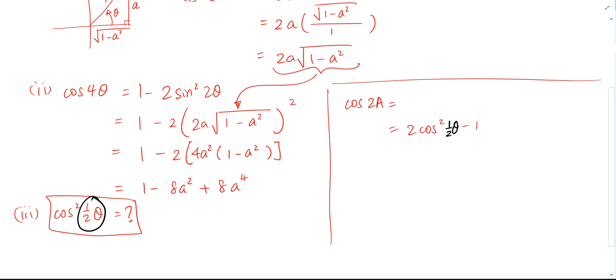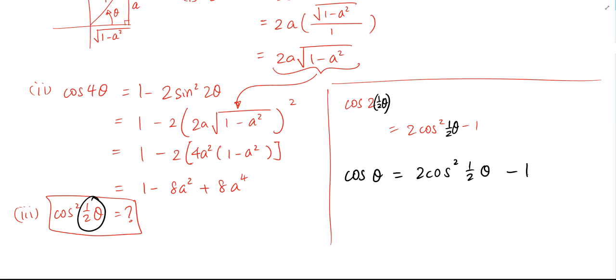So all my A's will become half theta. In other words, I have rewritten cosine theta to become 2 cosine squared half theta minus 1. From here, we can make cosine squared half theta the subject.